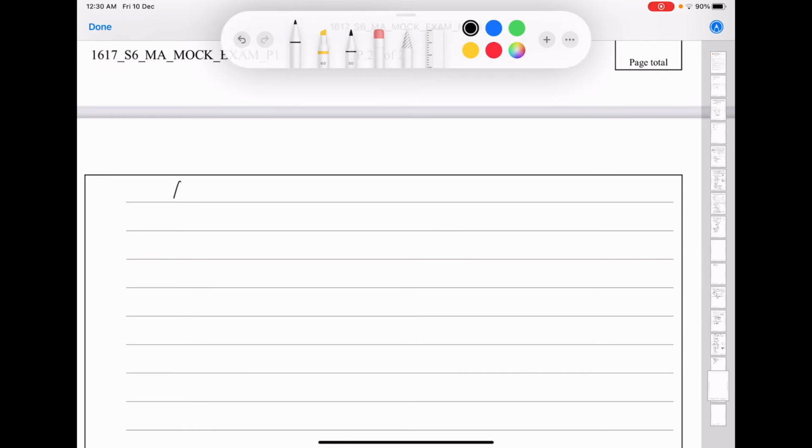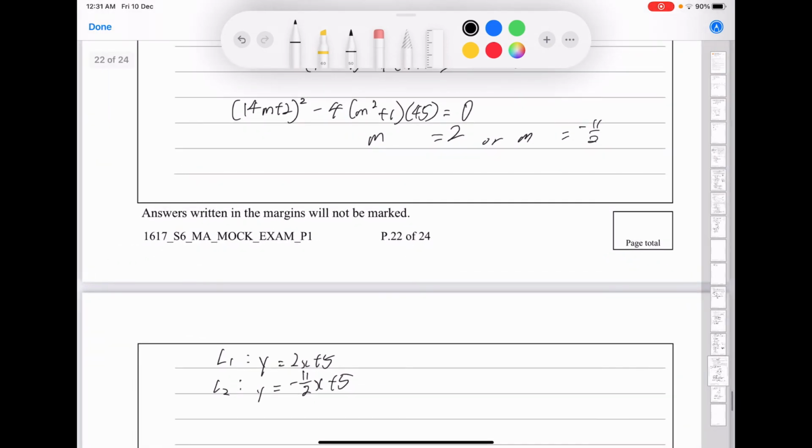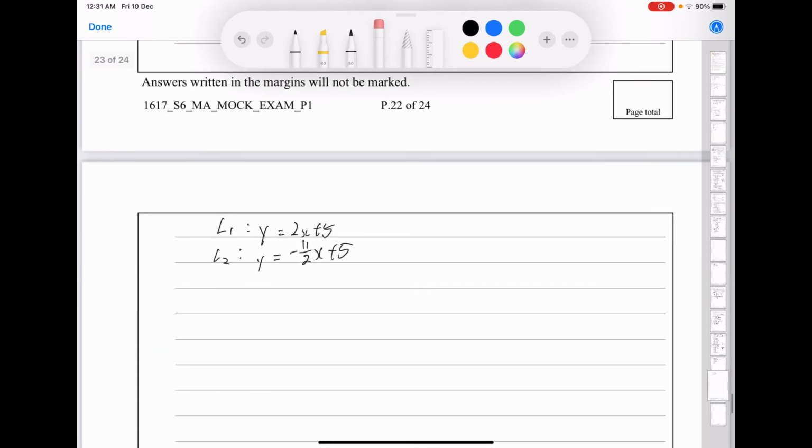So L1 is y = 2x + 5, and L2 is y = −11/2 x + 5. Afterwards, we can easily find the coordinates of h and k. So simply substitute y = 0 into both equations.